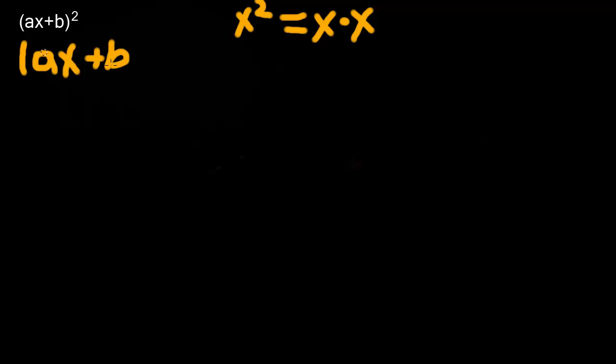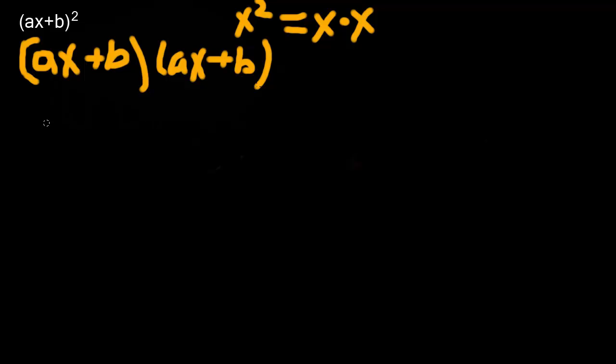Ax, and that might look like a 1, that's my bad. Ax plus b times ax plus b, just as we did on the top. So now we got this, we can do it the same way we did the last one.